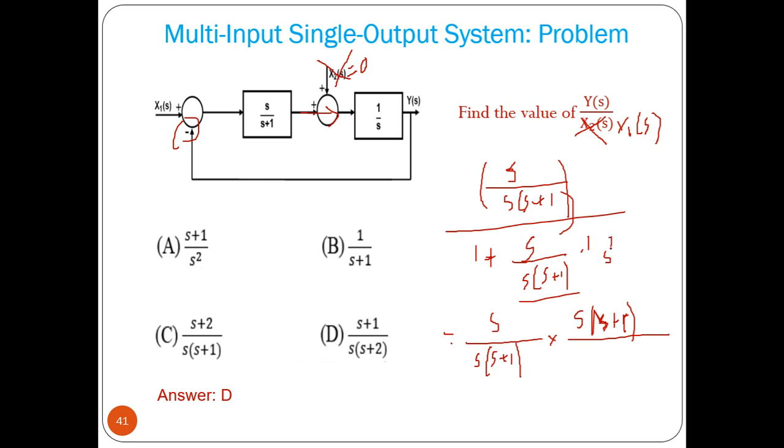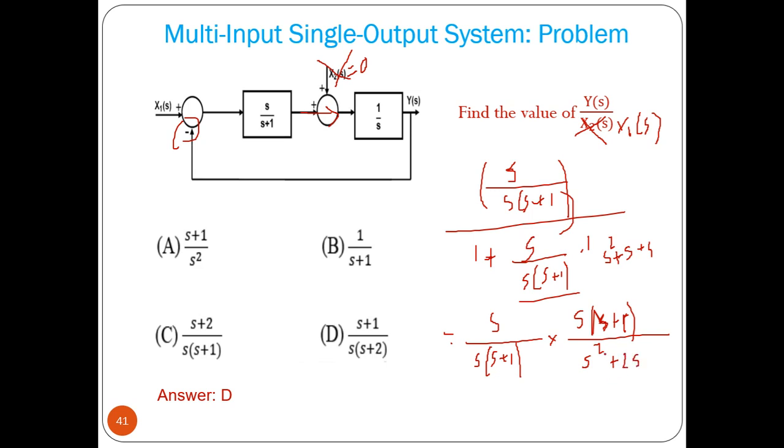That value will be s square plus s plus s, so s square plus 2s.